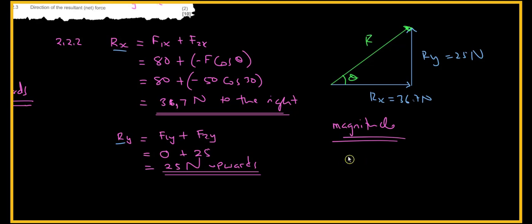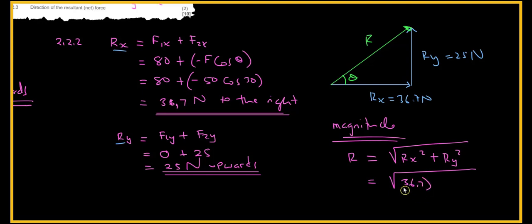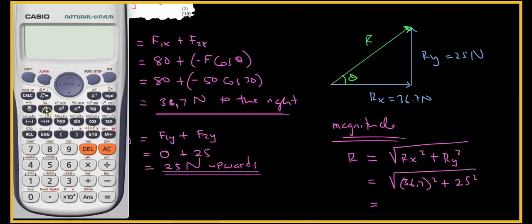I'll use Pythagoras theorem. R is equal to the square root of Rx squared plus Ry squared, which is equal to the square root of 36.7 squared plus 25 squared. So take out your calculators and calculate.